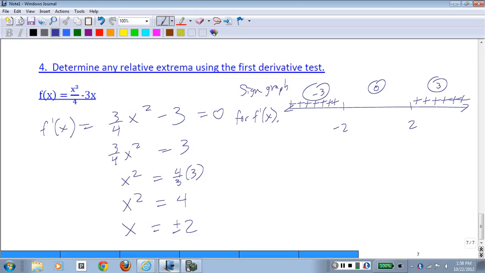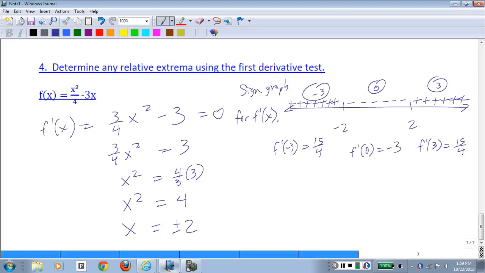If we evaluate the first derivative at 0, f prime of 0 equals negative 3, and that's negative. 15/4 for that one. So according to the first derivative test, the pluses indicate it's increasing going into it.